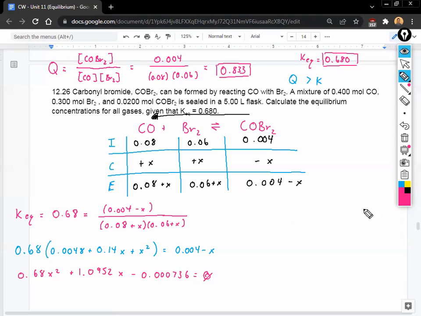But what you should have done is distribute 0.68, and then from there just transfer this to the other side. Did I mess up somewhere? Just want to make sure, because, you know, I make a lot of mistakes. Good? Wait, what?